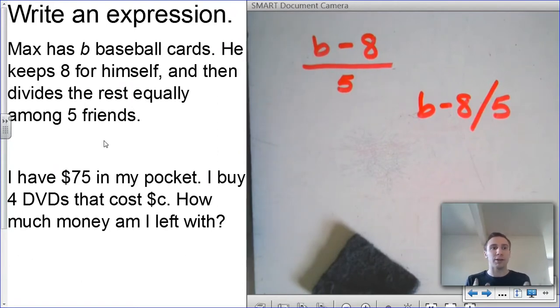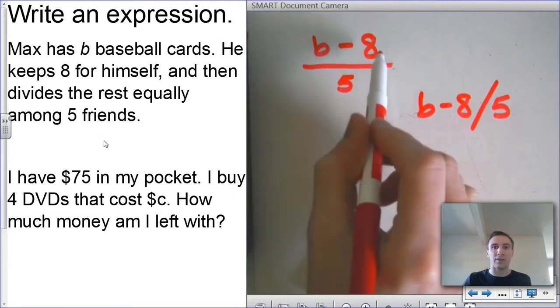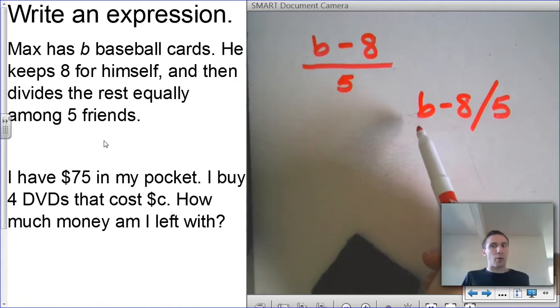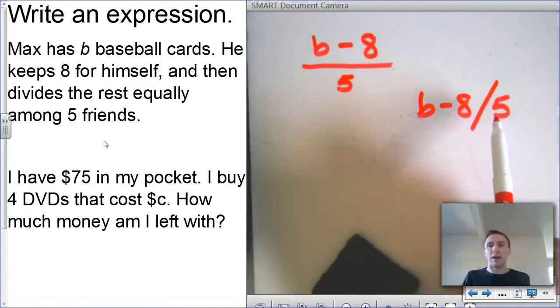So if you were to tell your computer to do B minus 8 divided by 5, your computer is not going to do B minus 8 and figure out Max's collection first, or what he's going to divide up to his friends. The computer is going to say, oh, Max has a baseball card collection, but first I'm going to do 8 divided by 5 because I see division, and that's the order of operations.